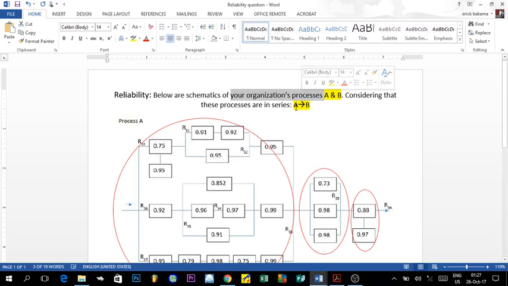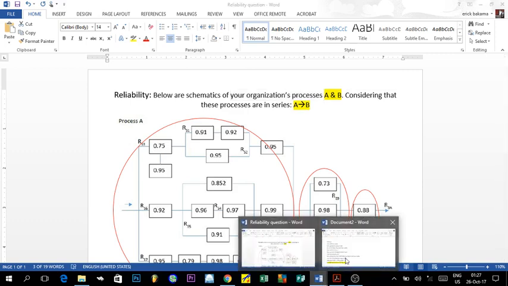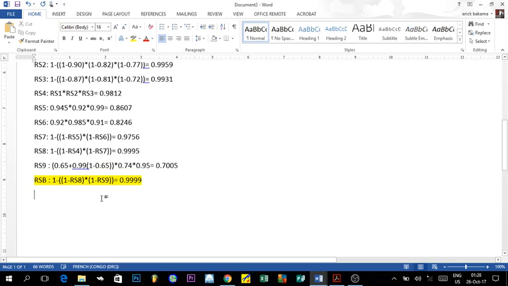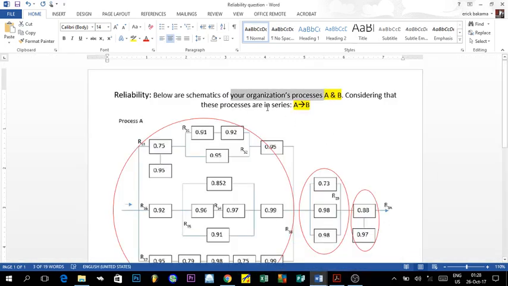We just found process A and process B, so the reliability of the whole system is the reliability of system A times the reliability of system B. Why am I multiplying them? Because they say that the system is in series.